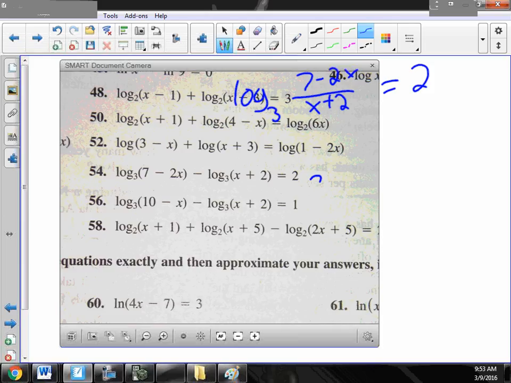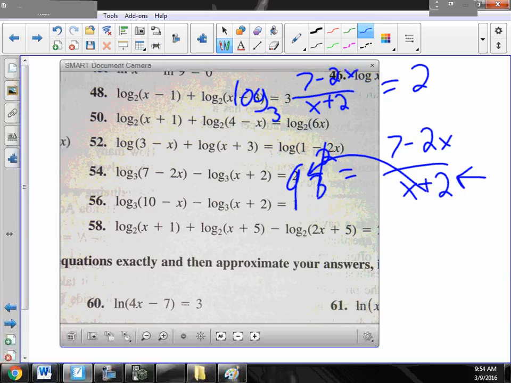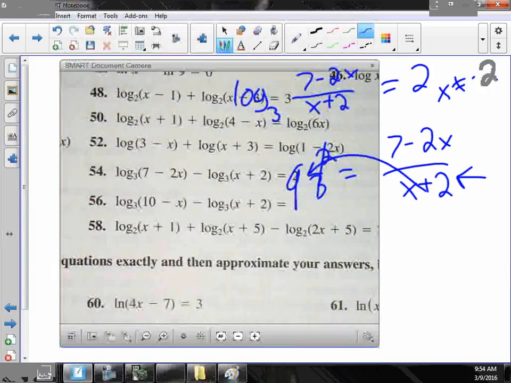So 3 squared is equal to 7 minus 2x over x plus 2. So this is a 9. I'm going to multiply that to the other side, and I need to remember, anytime you remove a variable from the denominator, you have to restrict your domain. So if -2 is one of my answers, I'm not allowed to use it.